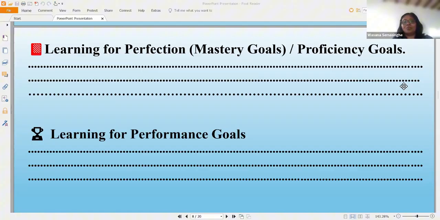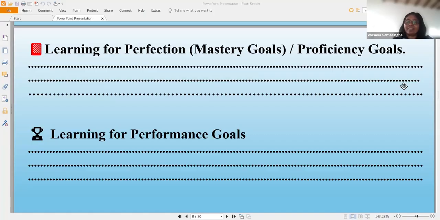You should know that not all learners have the same purpose when they learn. In educational psychology, we often talk about two main types of learning goals. The first is learning for mastery. It is also called proficiency goals. Here, the learner's main focus is to understand the subject, improve skills, and become a competent person.